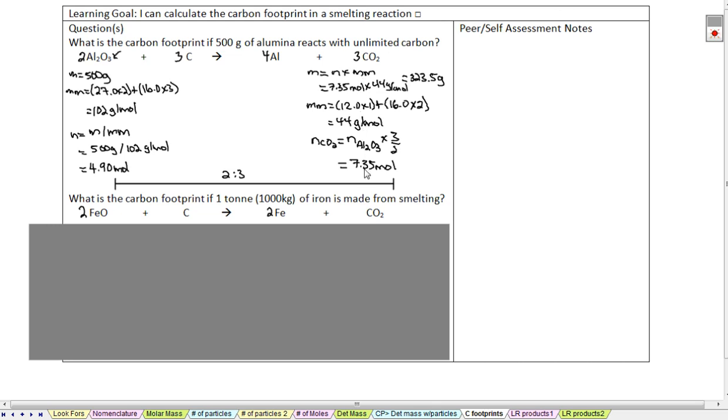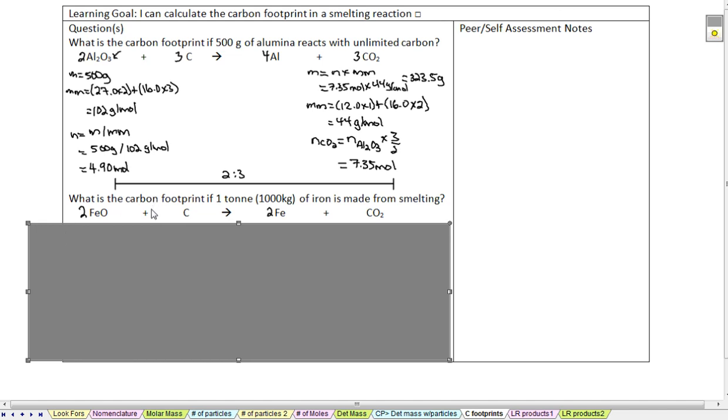So I multiply them together, ran out of room, but still okay, and I get 323.5 grams. So 500 grams of alumina nets me 323.5 grams of carbon dioxide in order to get that aluminum out to make some pop cans or whatever you're going to make with it.